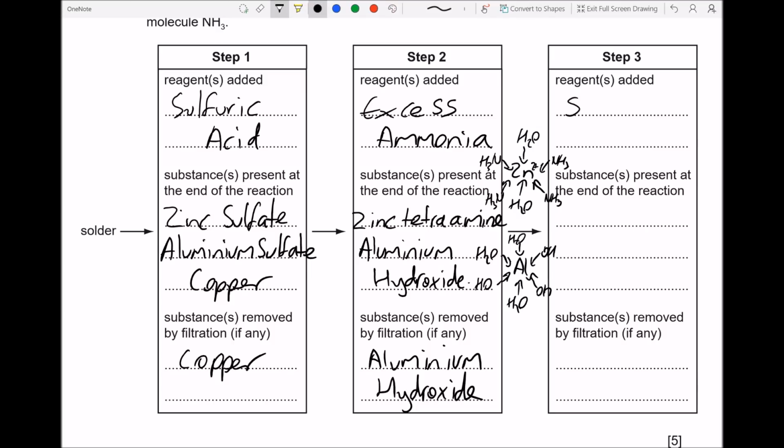So we're just going to put that on there. Sulfuric acid. Okay, substance present at the end, we have ammonium sulfate. There we are. Okay, so that removes the ammonia, and then we have zinc hydroxide.